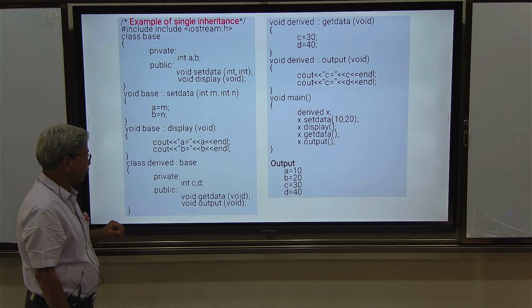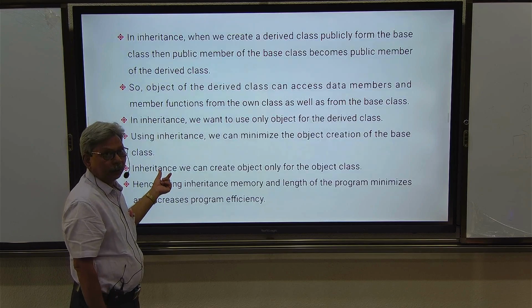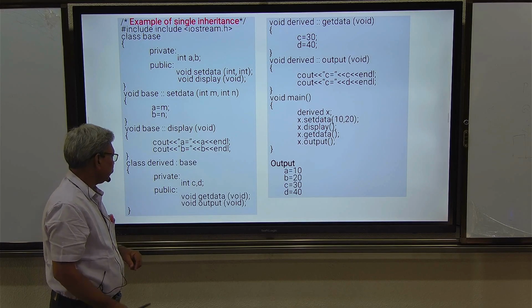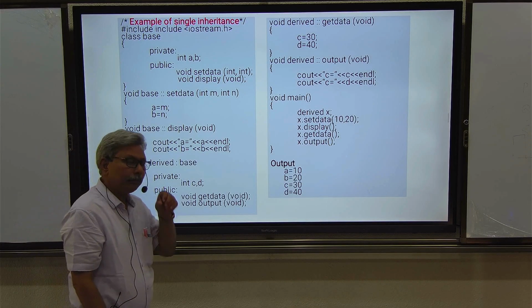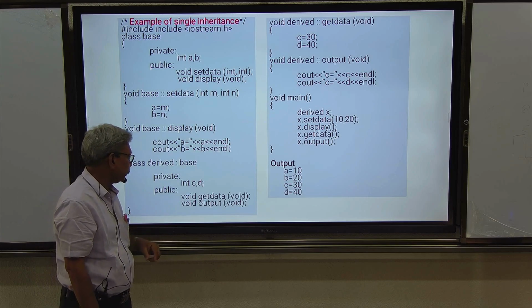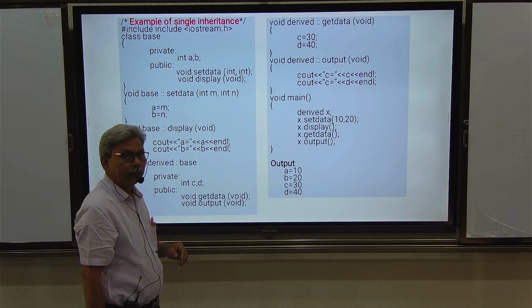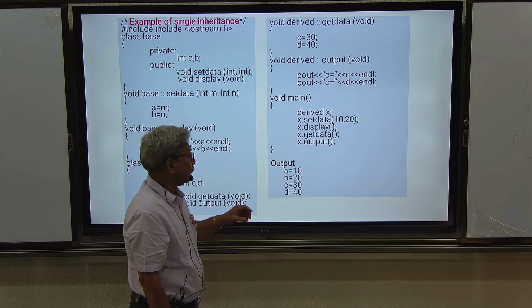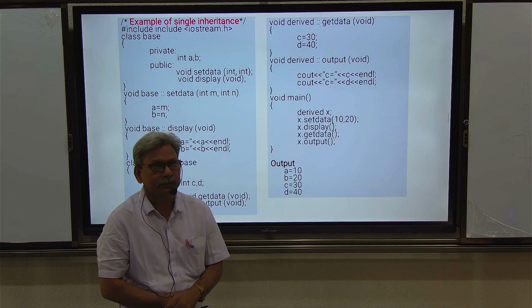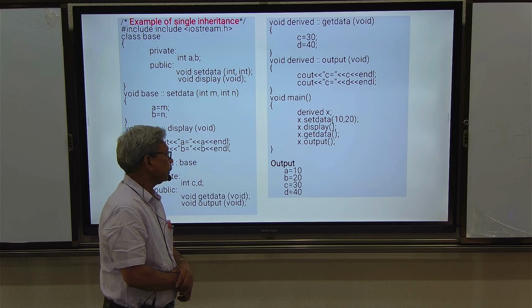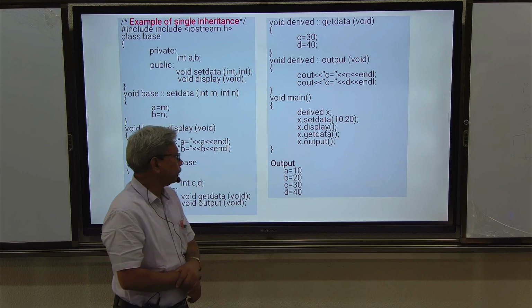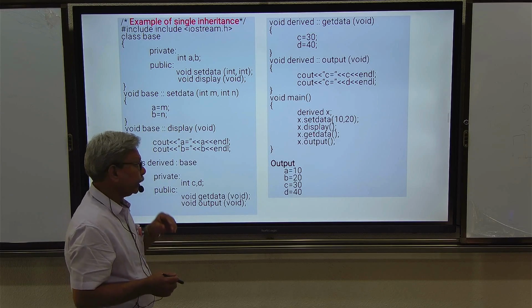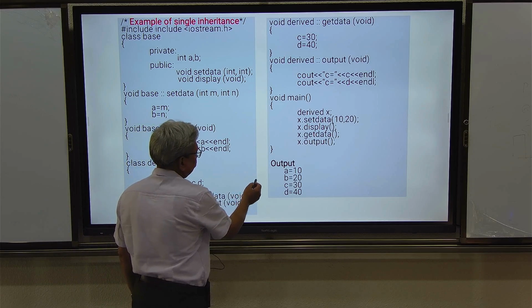In the derived class I have taken private A and B data members and public get data and output member functions. In the main program I have taken one object from the derived class, that is X, and I am accessing member functions from the base class as well as the derived class. So, there is no need to create an object of the base class.